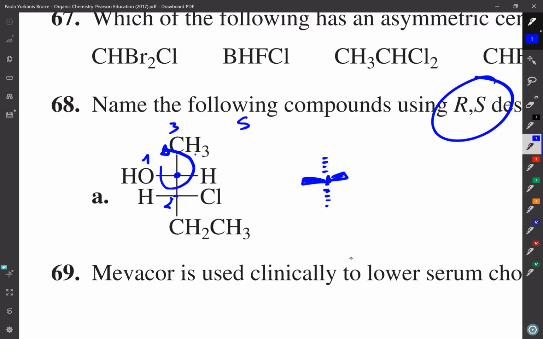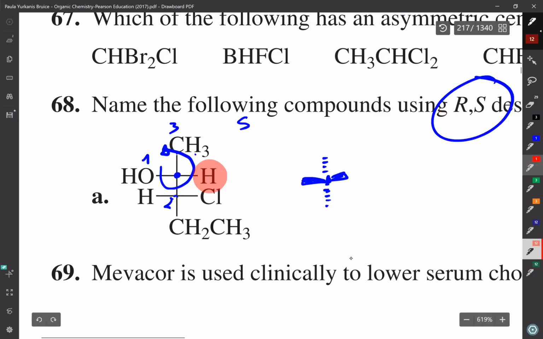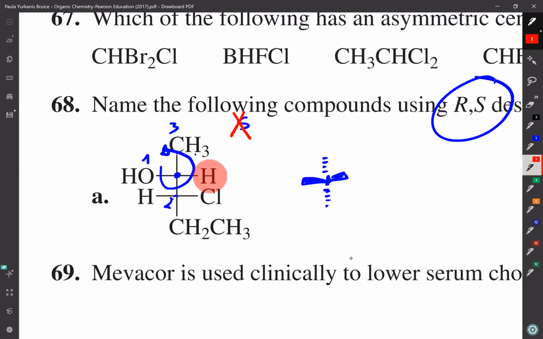In this case, our lowest priority is hydrogen. And according to the Fischer projection, this hydrogen is pointing towards you and not away from you. Because the hydrogen is not pointing where it's supposed to be, we now reverse this configuration. Instead of calling it an S, we'll refer to this as an R. So that will be the R configuration.